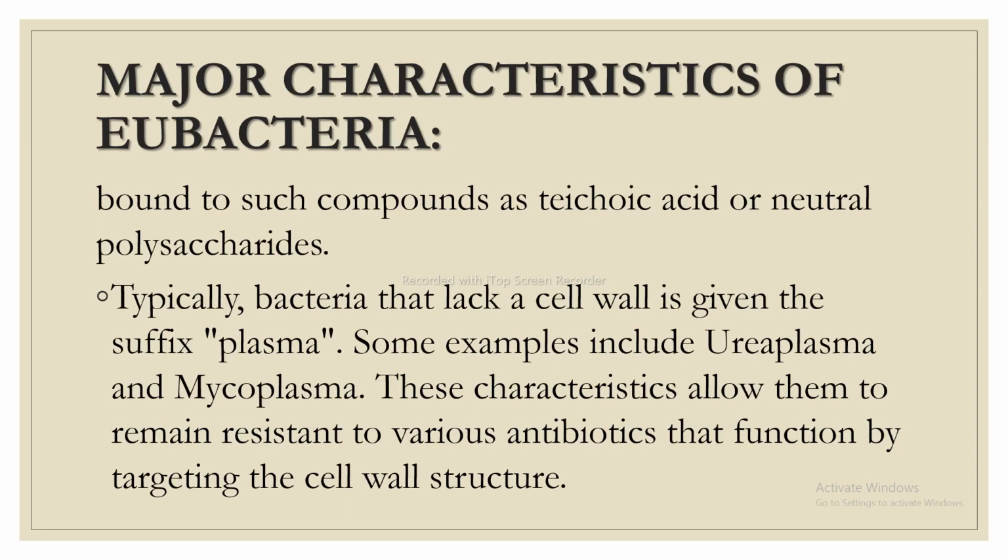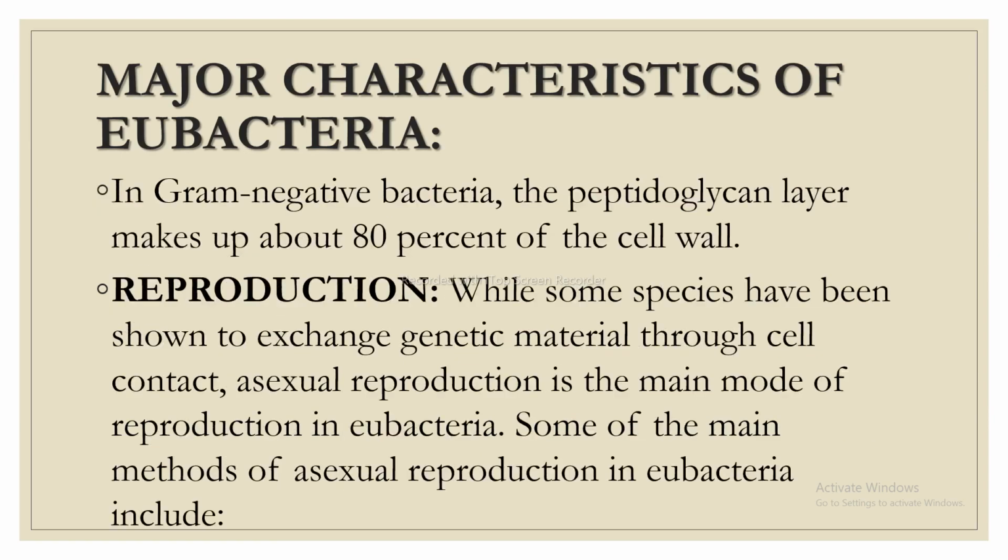Typically, bacteria that lack a cell wall are given the suffix plasma. Some examples include ureaplasma and mycoplasma. These characteristics allow them to remain resistant to various antibiotics that function by targeting the cell wall structure. In gram-negative bacteria, the peptidoglycan layer makes up about 80% of the cell wall.